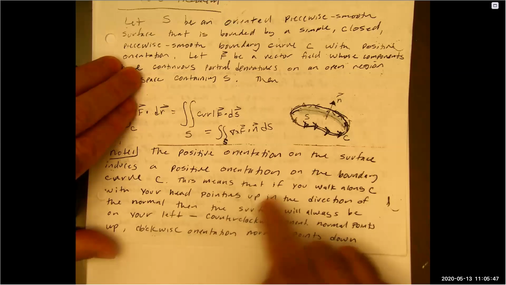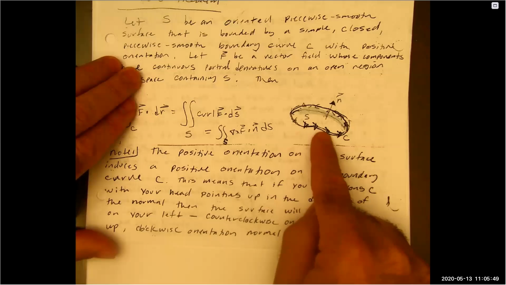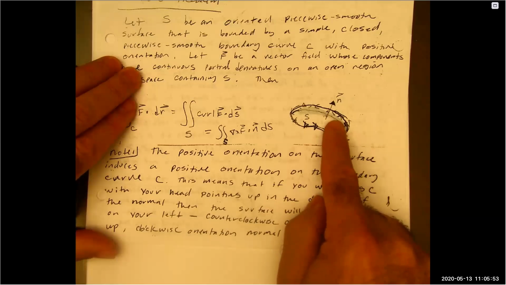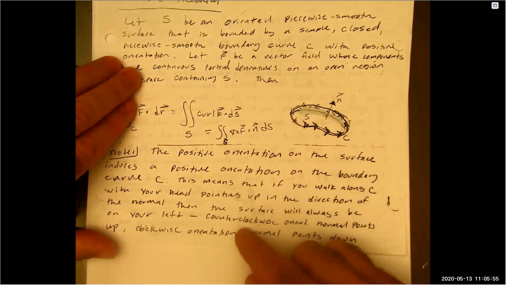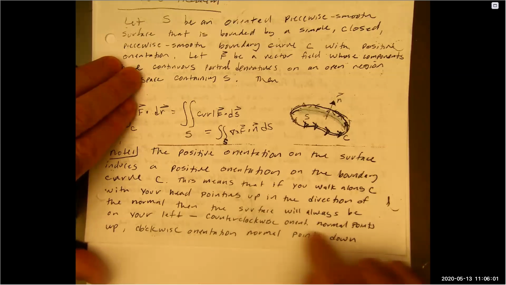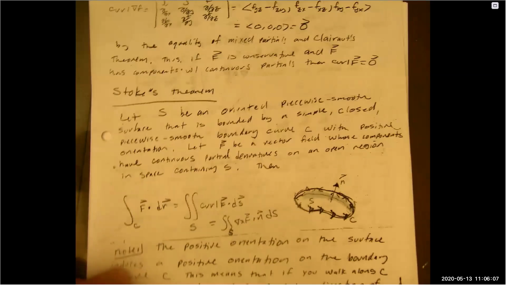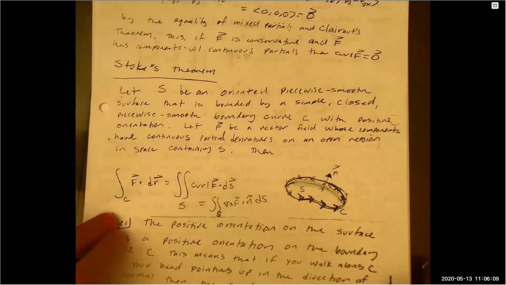And so if you were walking along this and your head was pointing up, then the surface would be on the left. So counterclockwise orientation, normal points up, clockwise orientation, normal points down. And so that is Stokes' theorem. And so we're going to look at a few examples today.